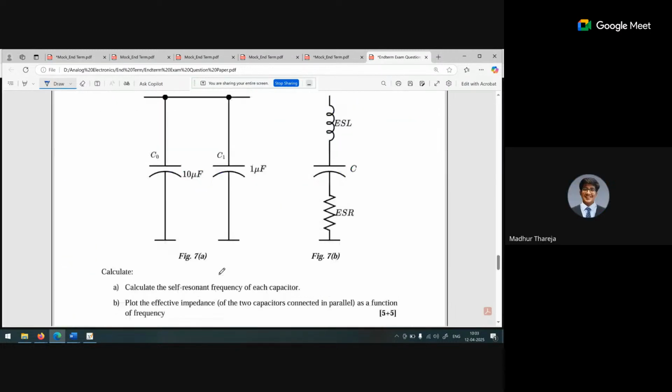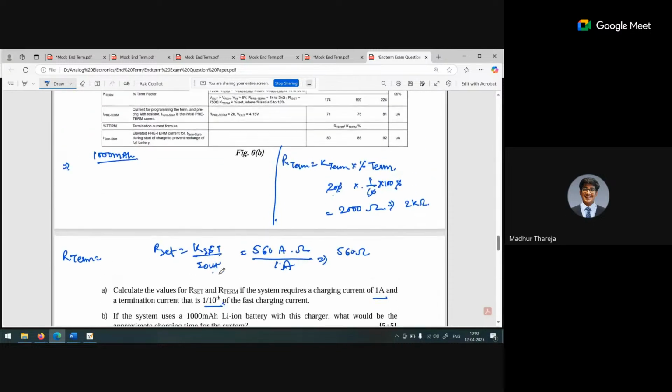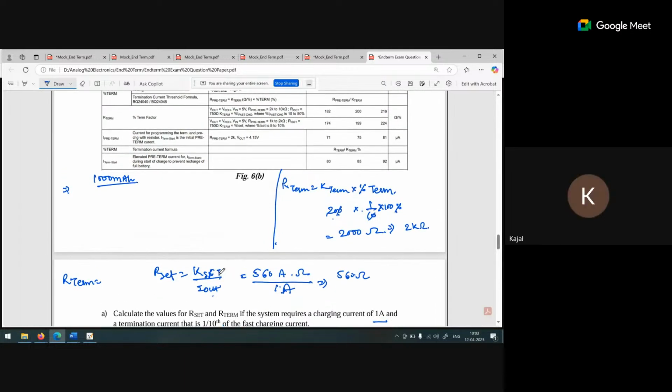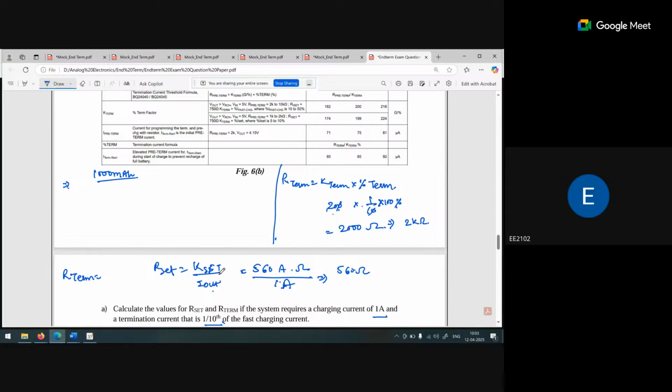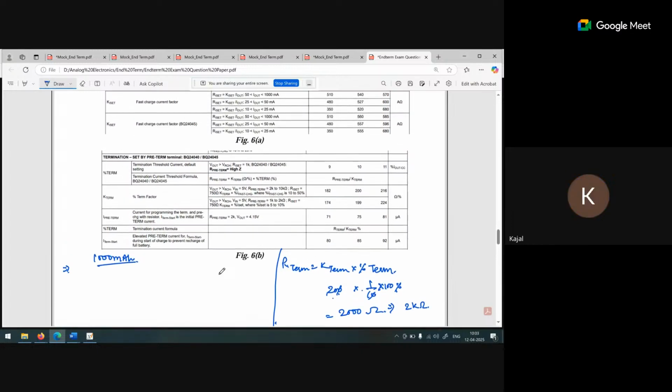We'll be using K iset and R iset, so the fast charging current would be divided. Yeah, exactly. What is the fast charging current? Sir, it's given in the question, I guess.